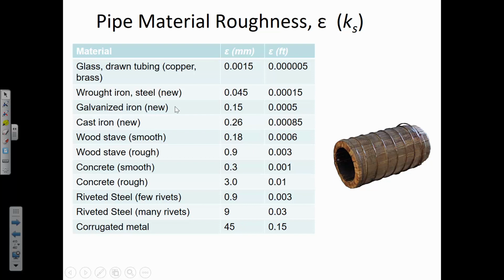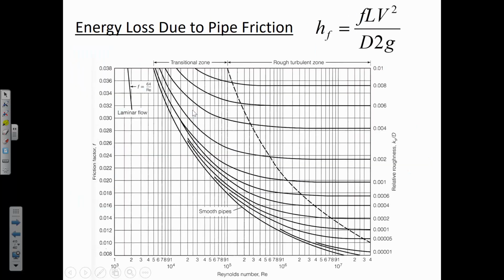Thank you. All right, so let's say that we have a pipe with a diameter of 150 millimeters. If we zoomed in on that pipe, it's irregular, and the K sub S of that material is 0.15 millimeters because it is galvanized iron.